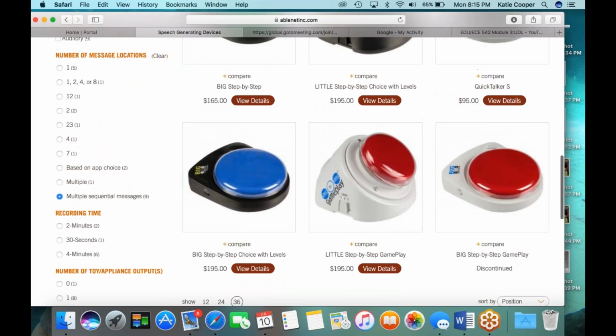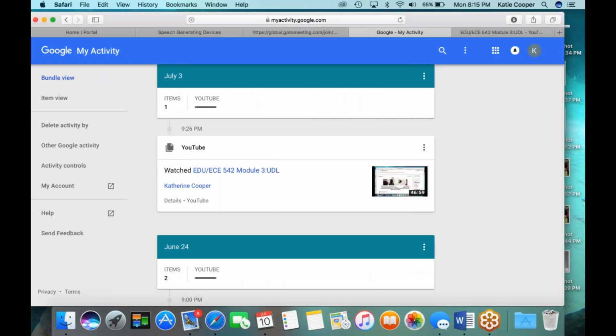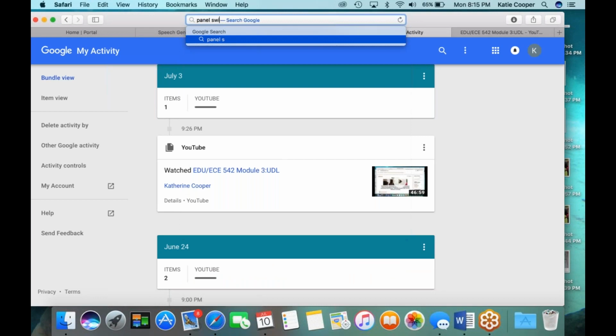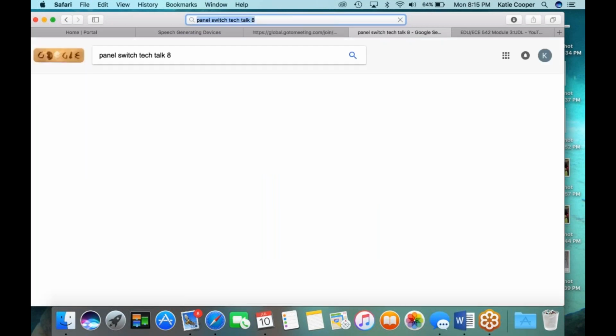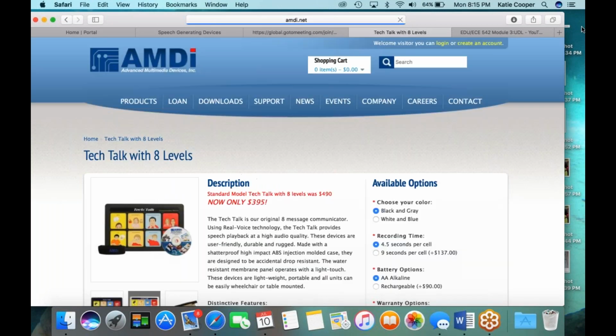So basically, it would be a panel switch where it would have like 4 to 8, sometimes up to like 32. This is a different website probably, but you can kind of see here.